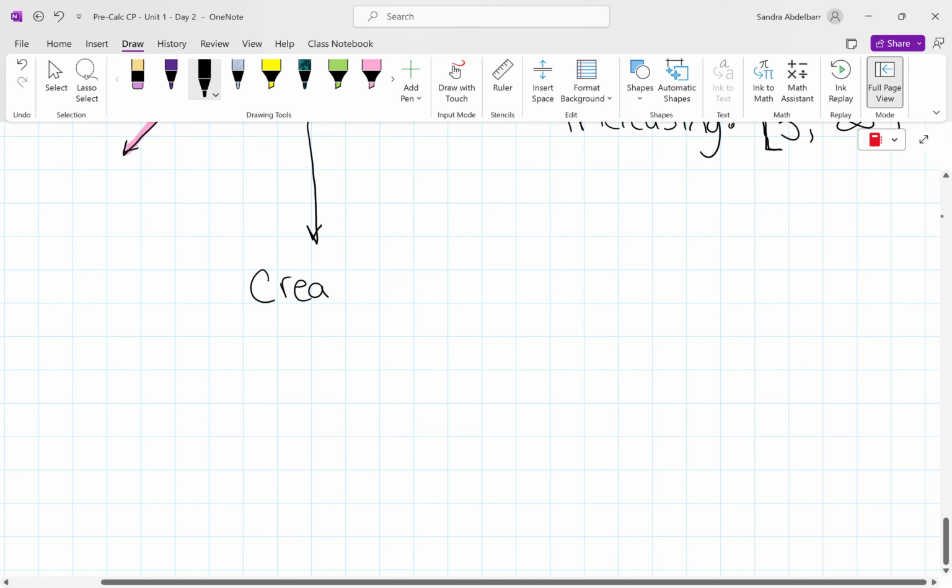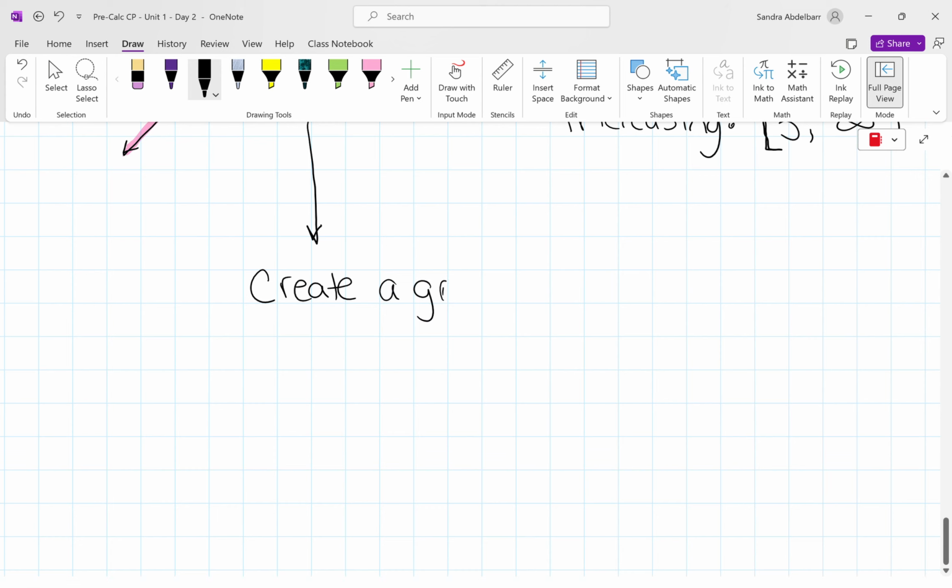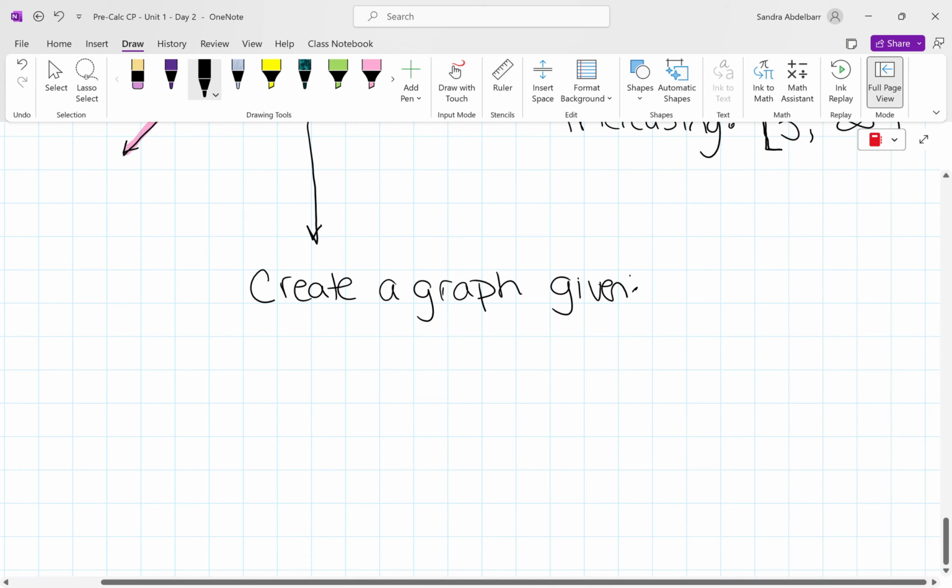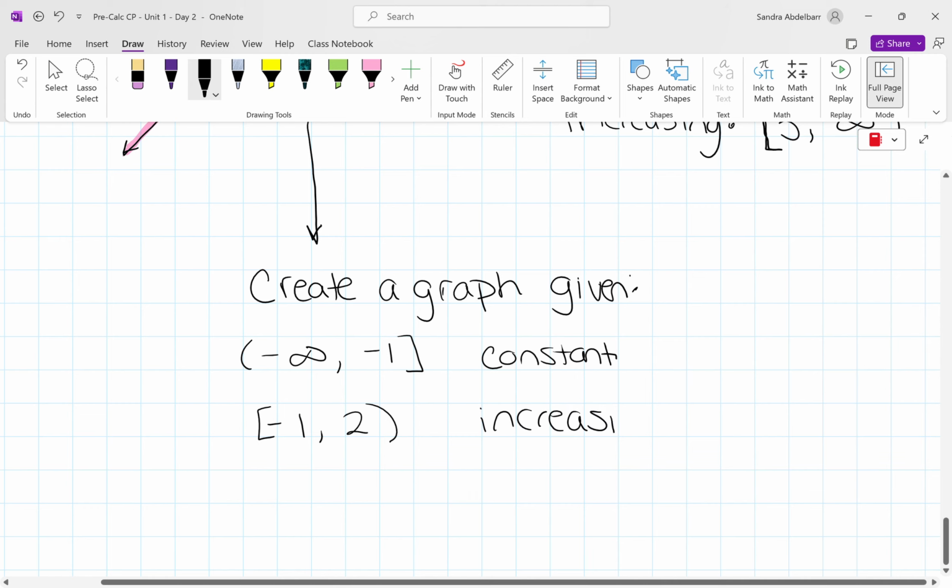Okay, one last thing for increasing, decreasing. Sometimes I'll ask you to create your own graph, and I'll give you the guidelines. So create a graph. Given -infinity to -1 is constant. -1 to 2, parenthesis on 2, bracket on -1, is increasing.